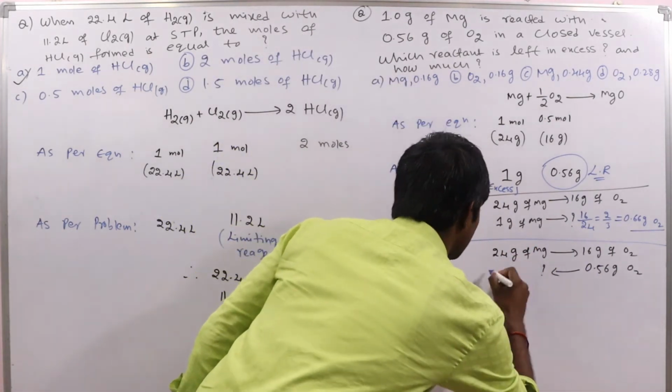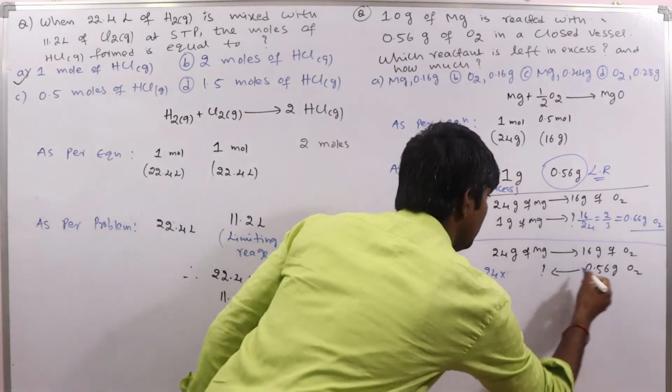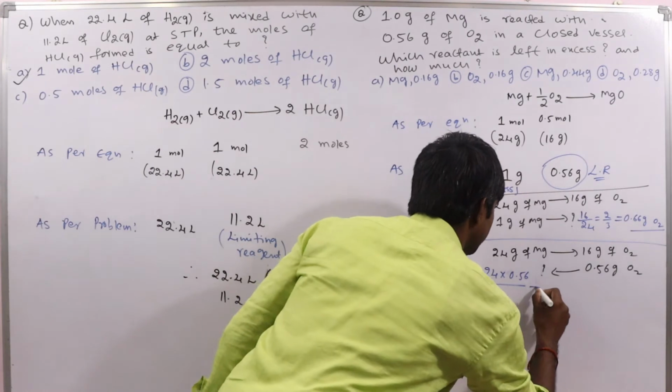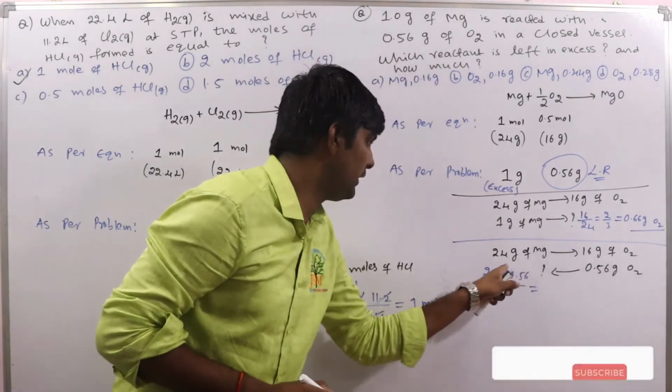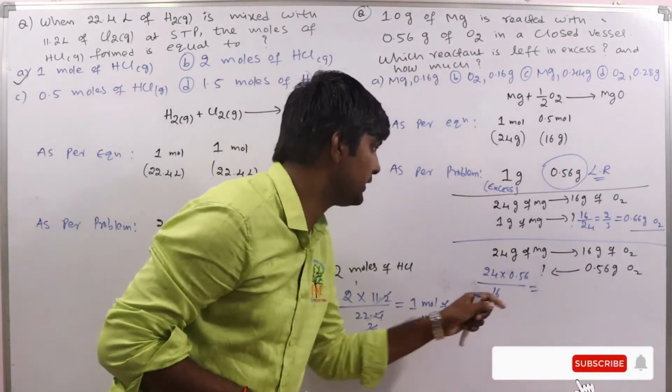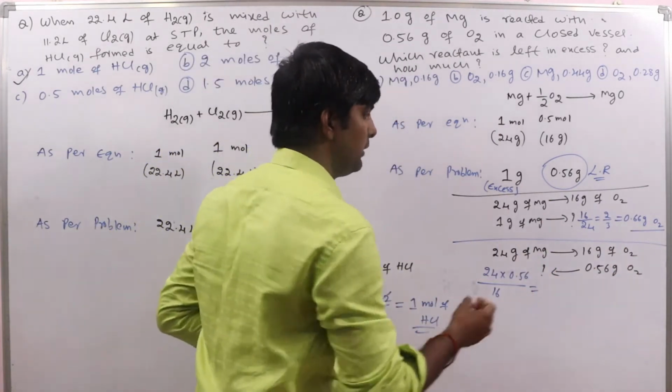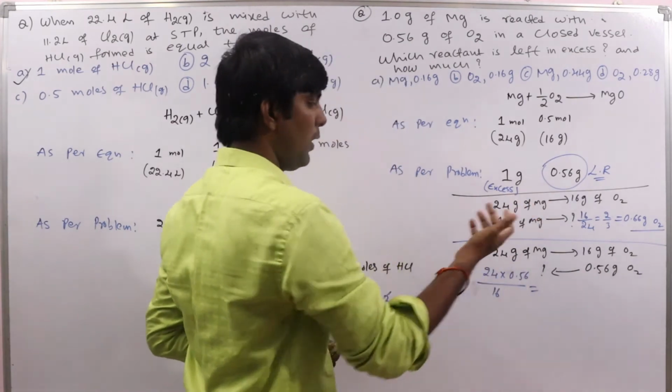So therefore, 24 into 0.56 by 16. 16 gram oxygen needs 24 gram magnesium, so 0.56 needs how much?